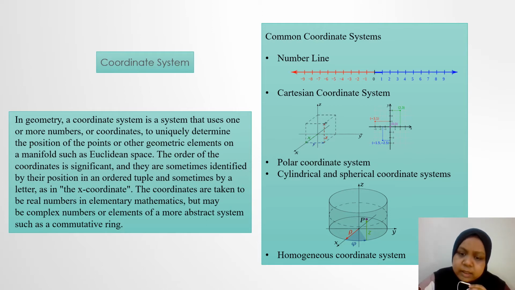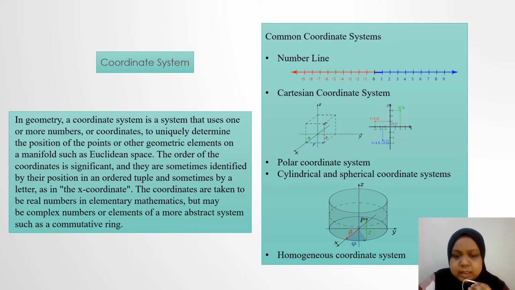The coordinates are taken to be real numbers in elementary mathematics, but may be complex numbers or elements of a more abstract system such as a commutative ring. The use of a coordinate system allows problems in geometry to be translated into problems about numbers and vice versa.